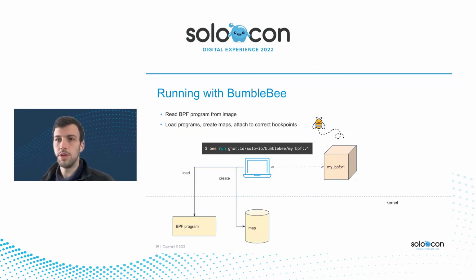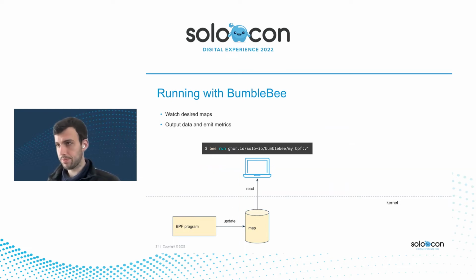So how does it actually work when you run a BumbleBee program? Well, as I said, we abstract the user space code. Essentially, when you run the program, we take that packaged up BPF program and use some very specific metadata from it to load that BPF program into the kernel, create the maps that have been specified, and then take data out of those maps.